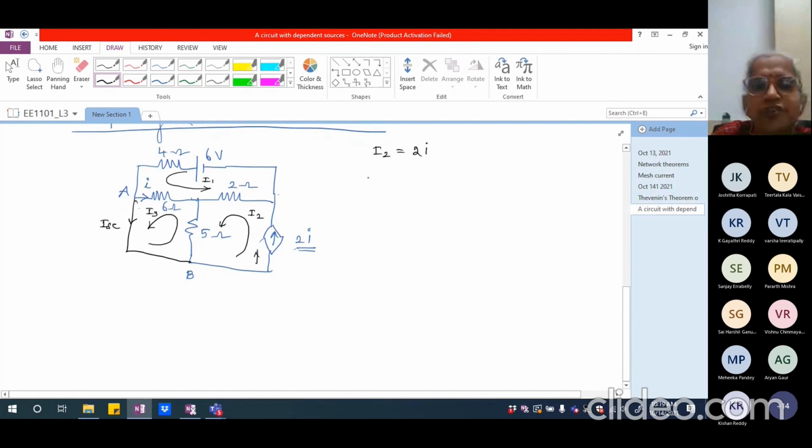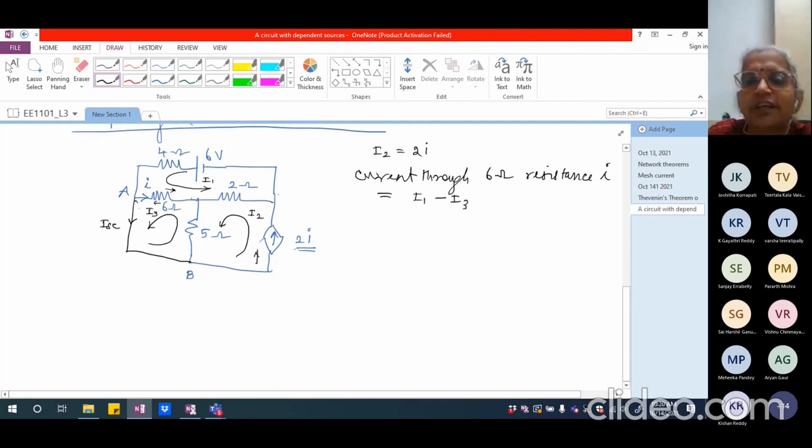Whereas if I look at the 6 ohm resistance, the current through it is what we are specifying as I. This is the current I. That is going to be equal to, please note I1 is flowing in this direction whereas I3 is flowing in the other direction. So I have to have I1 minus I3.